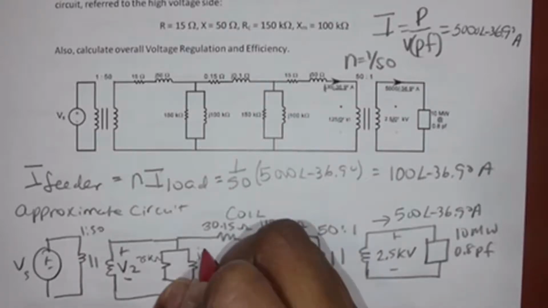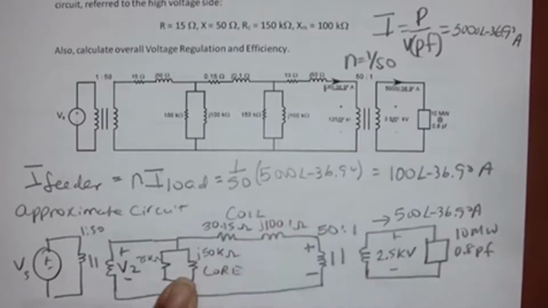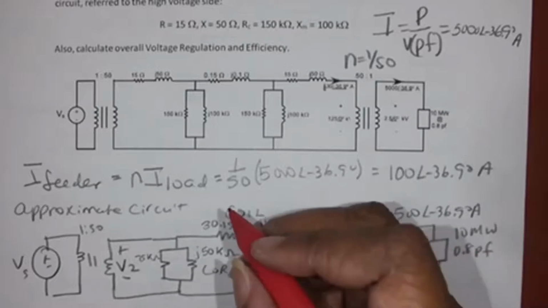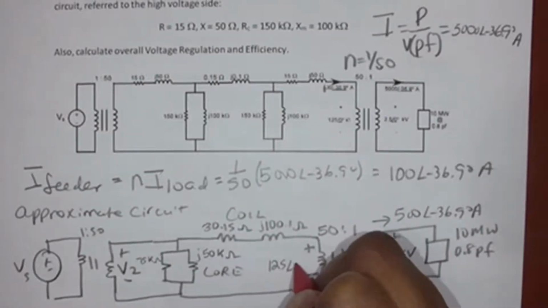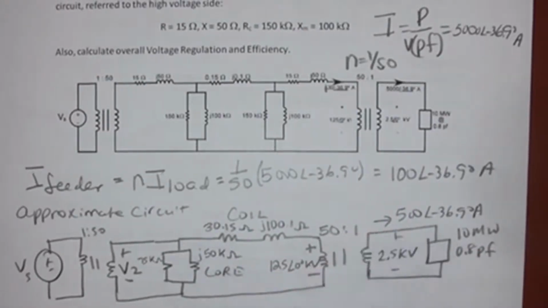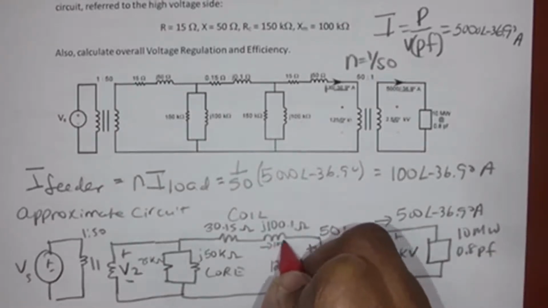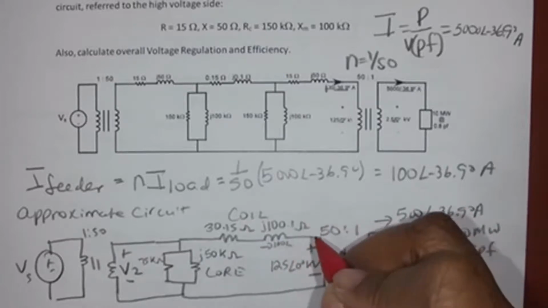So that becomes J 50 kilo ohms. 75 kilo ohms for the resistor, J 50 kilo ohms here. And the voltage here we know is 125 with an angle of 0 degrees kilovolts, because we know you divide that by 50. And we know that this current here is 100 with an angle of negative 36.9 degrees.